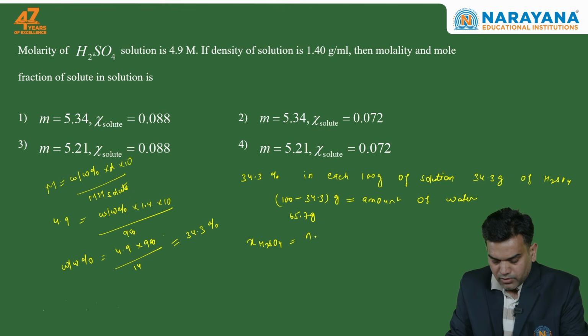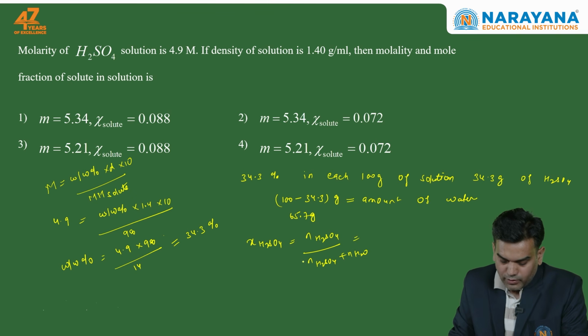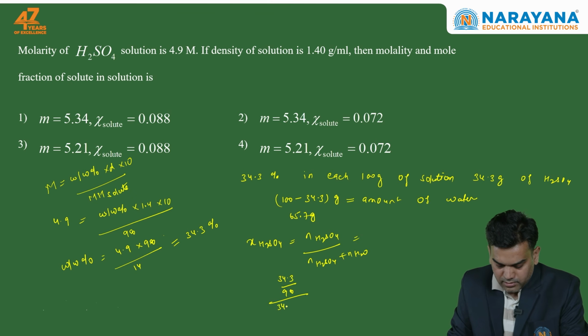So if we have to find out the mole fraction of H2SO4, this will be equal to number of moles of H2SO4 divided by number of moles of H2SO4 plus number of moles of water. Number of moles of H2SO4 is 34.3 divided by 98, so this is 34.3 by 98 divided by 34.3 by 98 plus 65.7 by 18.